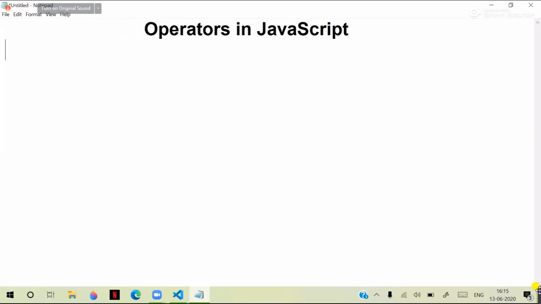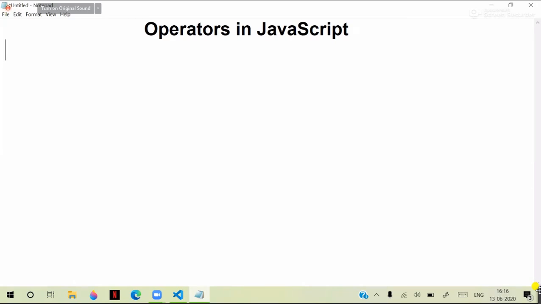So here in JavaScript also, we need to understand about the set of operators available and how to use the operators. Technically, we need to understand about operators and expressions, how to deal with them, how do we work with them.